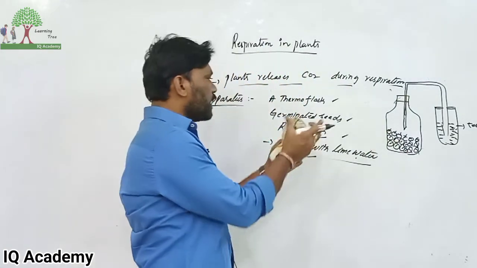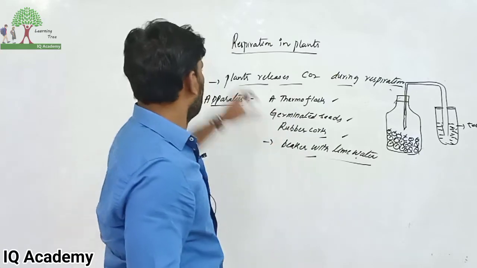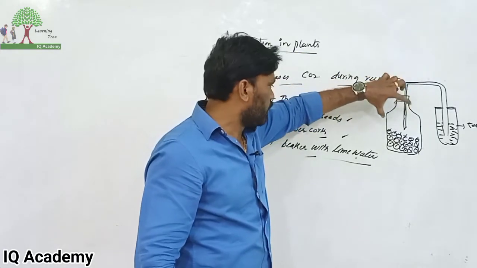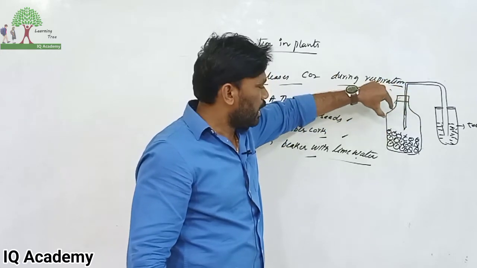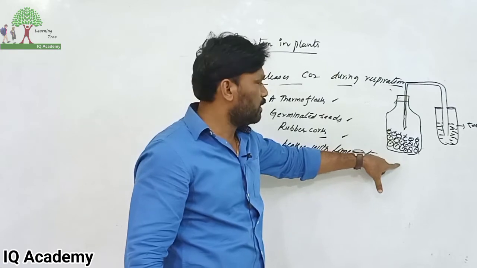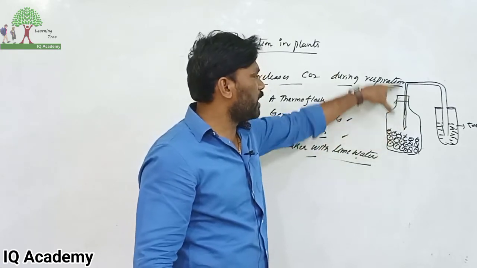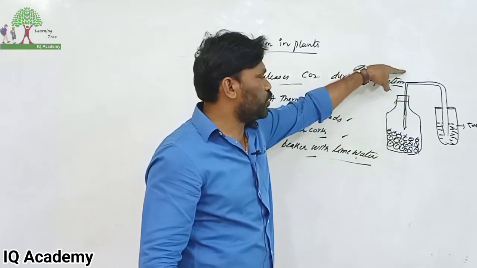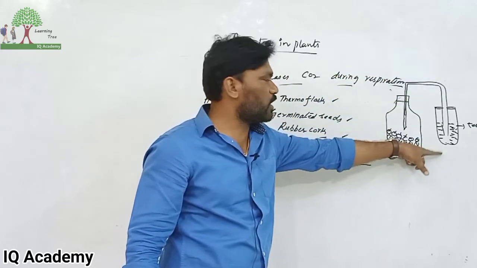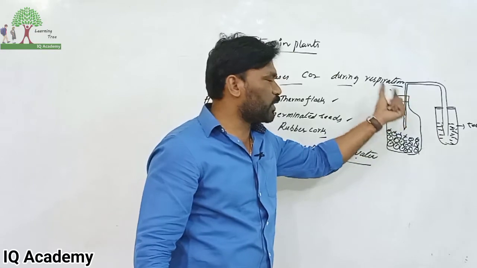Now this is the experiment we have to conduct: plants release carbon dioxide during respiration. First, take a thermoflask, pour some germinated seeds in it, and insert a tube which is fixed into a test tube containing lime water through the single-hole rubber cork.